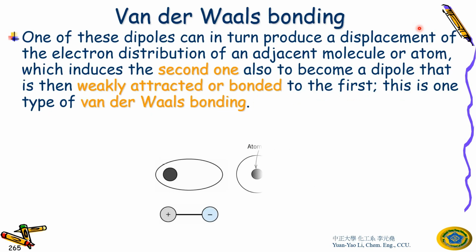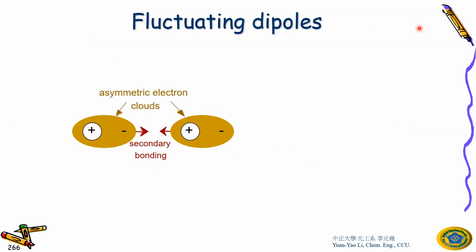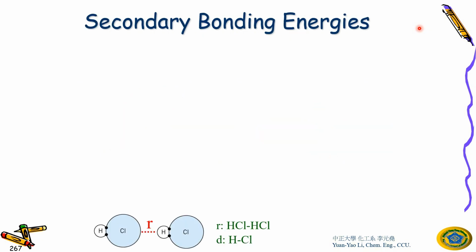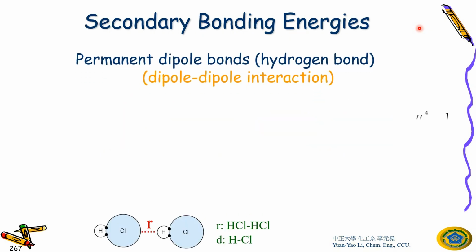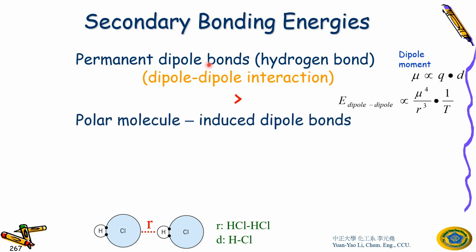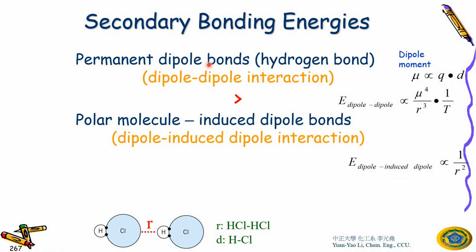Okay, so that's it. I wanted to explain the fluctuating dipole. I think I already explained this to you. This bonding energy might be in the Kahoot next week. I want you to know that the permanent dipole interaction energy will be greater than what? Than the dipole-induced dipole interaction, and that energy will be greater than what?